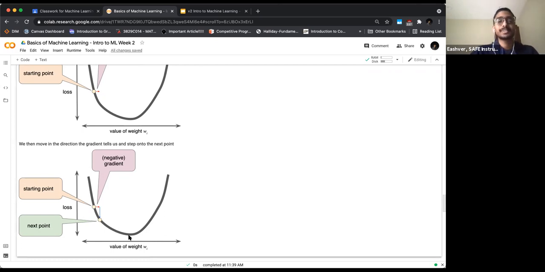The math, unfortunately, is really complex. But when machine learning models are calculating loss and reducing it, this is one of the best ways to do it. You step down this loss curve until you reach a point where the loss is minimized and you get a value for W1 where the loss is minimized.